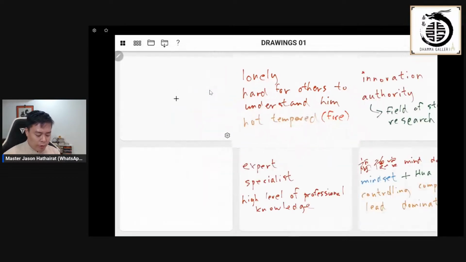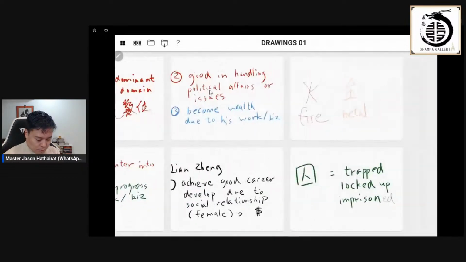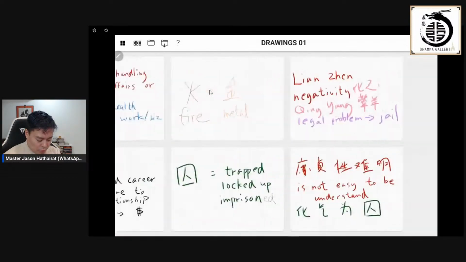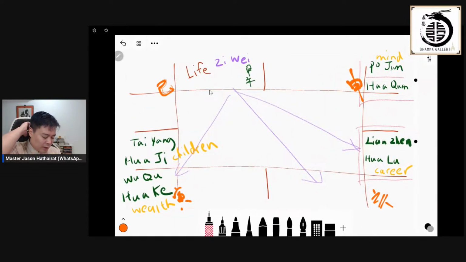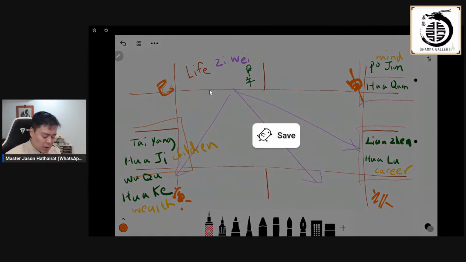So lastly, what do we have? We have the children's domain having 太阳 pairing with 化忌, which is right here. Actually there's also one pairing with 花科, but we will slowly get into that. So the children's domain pairing with 太阳 having 化忌 there. What can you tell me, Stephen?